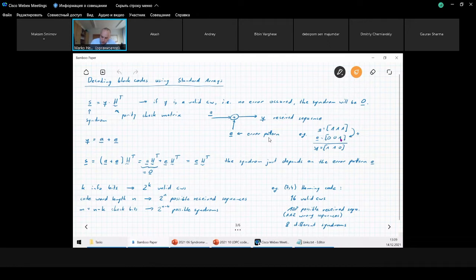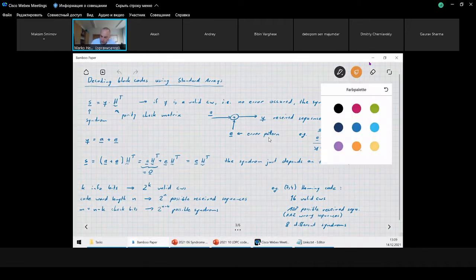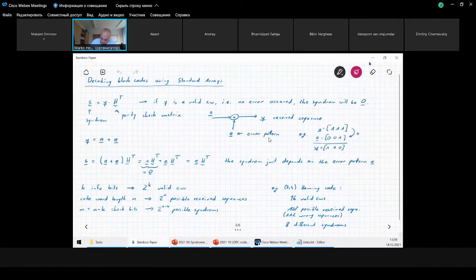So a 1 in the error pattern will always flip the value of my bit. This is how we can model errors in our sequence, by adding this error pattern. Okay, so this was the basics for the further thoughts.